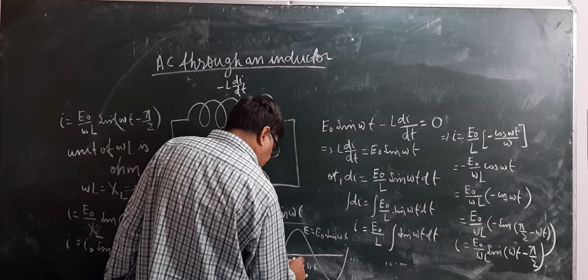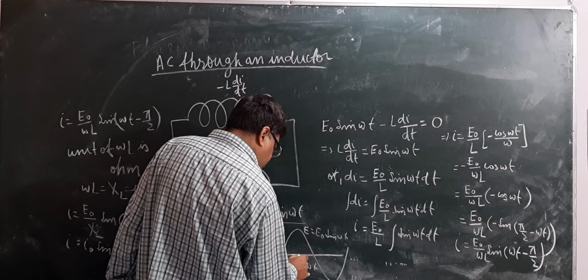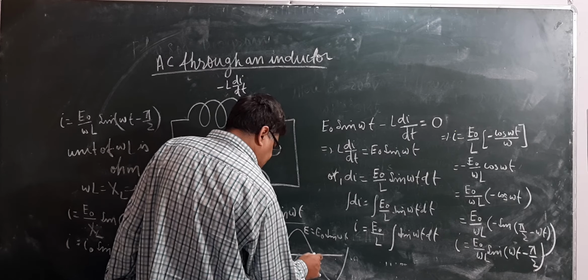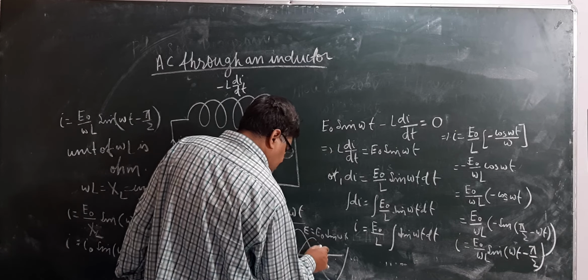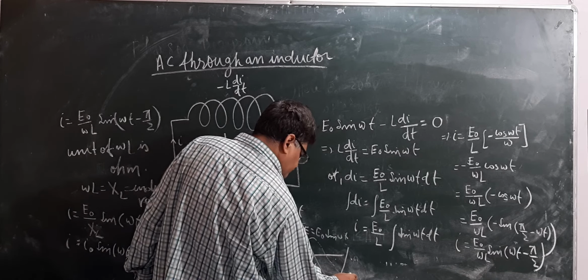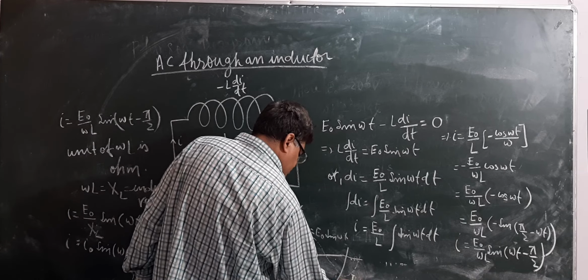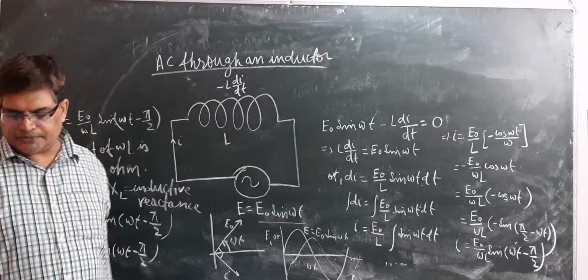So when EMF acquires the peak value, I will be equal to 0, and when E is equal to 0, then I will be maximum. So this is the graph for the current. So this is all about the purely inductive circuit. Thank you.